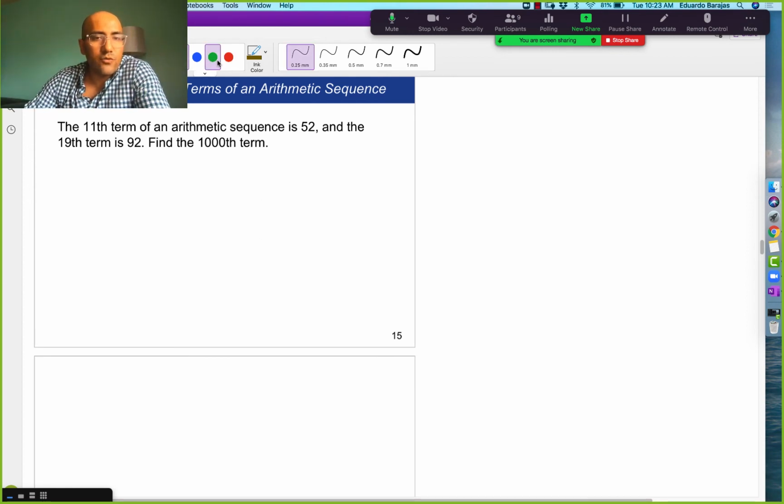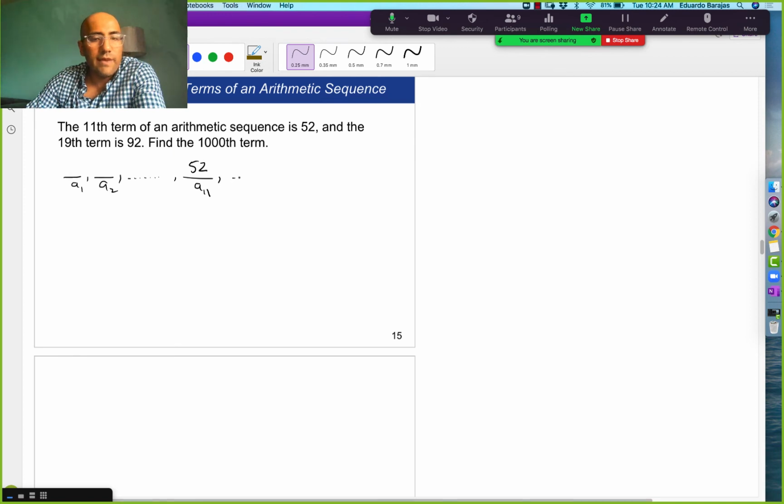Okay, so kind of visually, let's create what this is saying. So here's a sub 1, which they didn't give me. There's a sub 2, they didn't give me that one. They gave me the 11th term of my sequence, way over here, and they said that one was a 52.